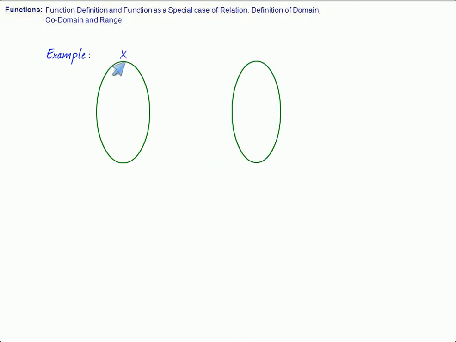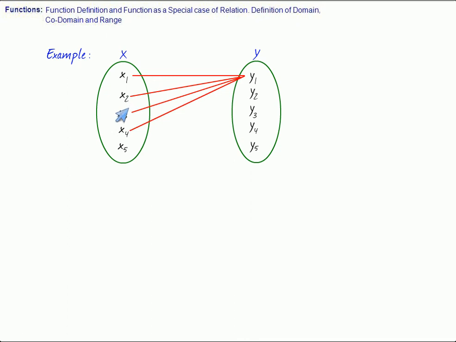Let us take another example. Now this time both big X and big Y have the same number of elements. That means first four elements go to the element y1 in big Y, and suppose x5 goes to y4 and x5 also goes to y5.